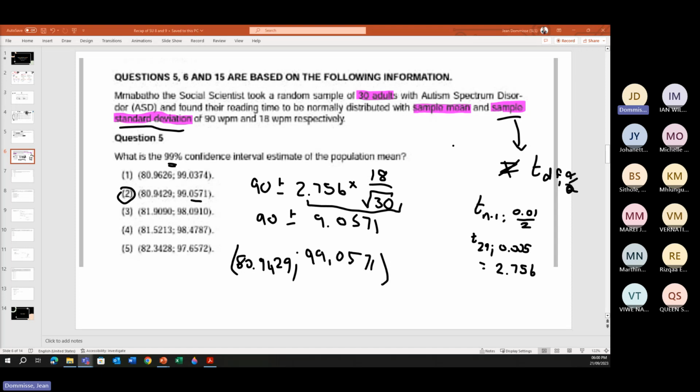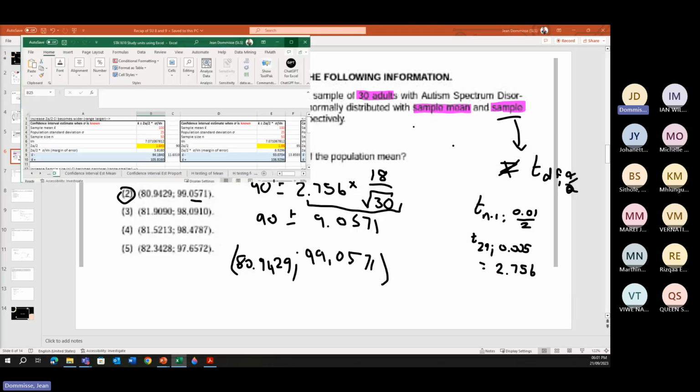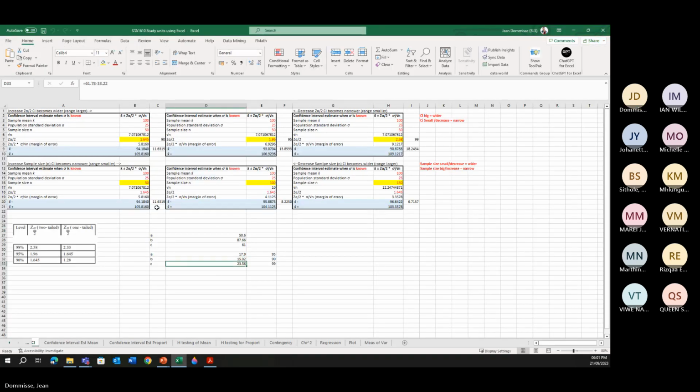Okay, we can do Excel as well. I just need to quickly find the one that I shared with you guys. Okay, so you can see this one is.